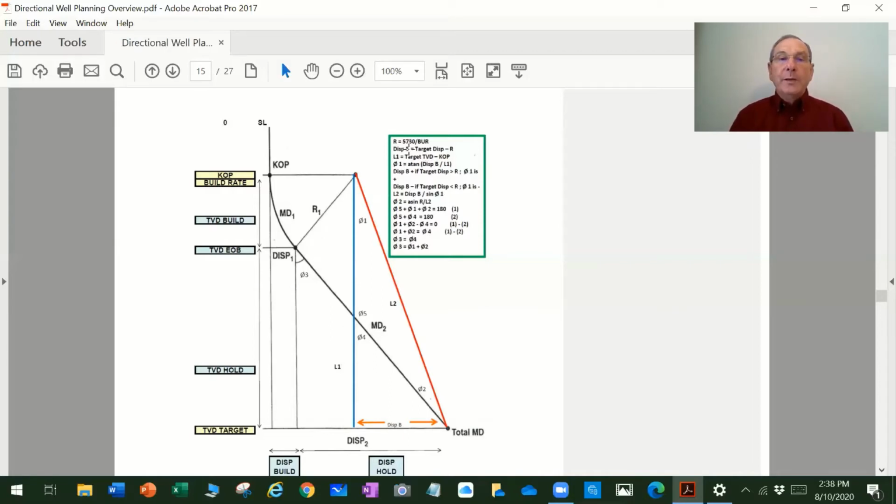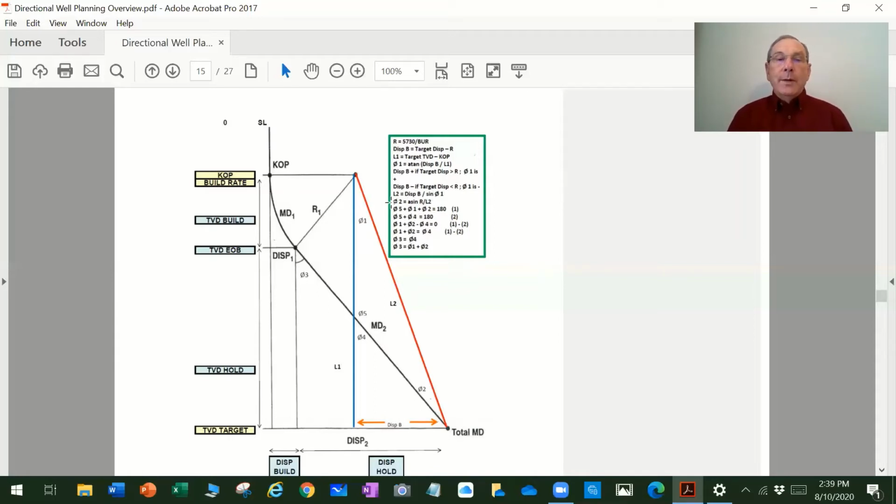Displacement B is the target displacement minus R. This is R here. This represents R, and this is the additional displacement above R. We can calculate the displacement B. If the target displacement is greater than R, B is positive, and displacement B is a negative value if our total displacement is less than R. That's the convention for this to work out.